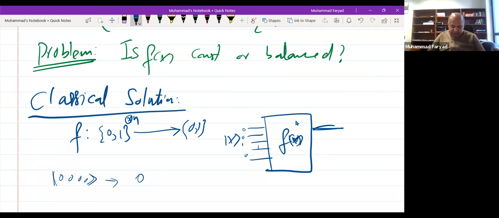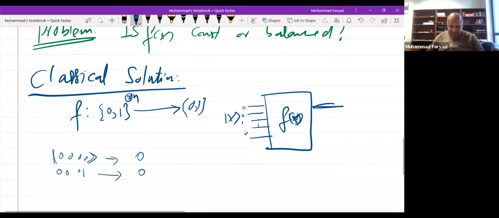Then next time you give it another input and see what comes out. Suppose you get 0 again. But still I don't know if it is constant or balanced, because next time it can still give me 0. If it still gives me 0, I will be happy that it's probably a constant, but I don't know, maybe on the next input I will get 1.